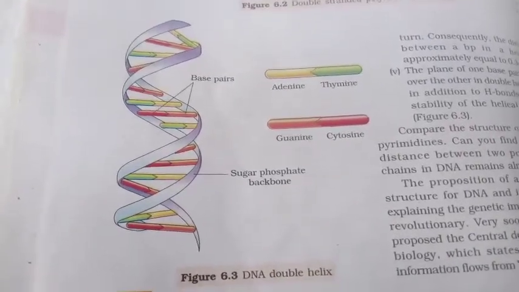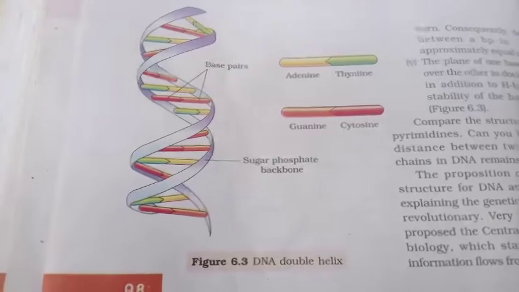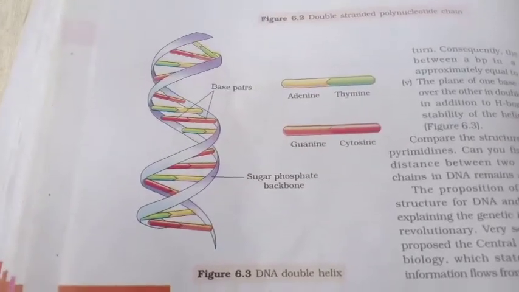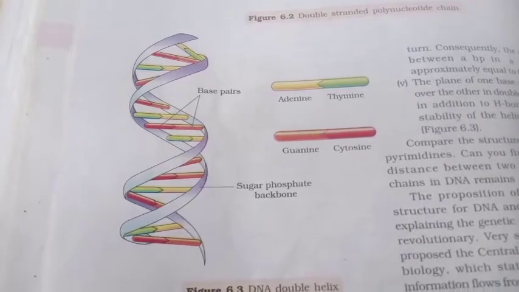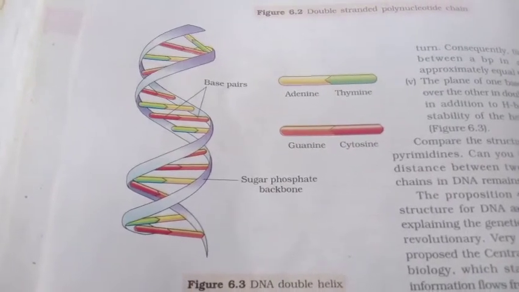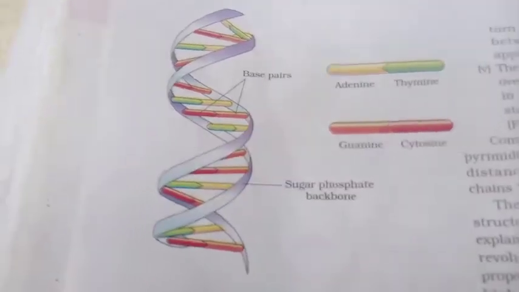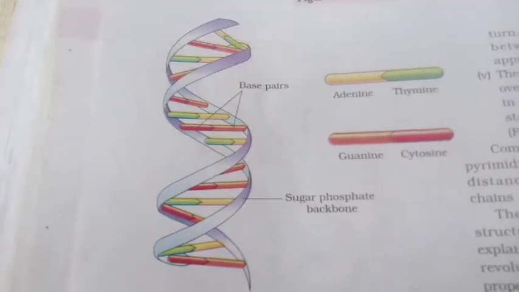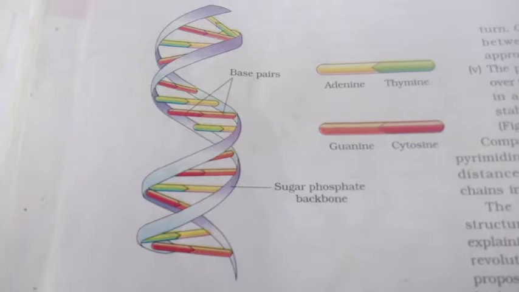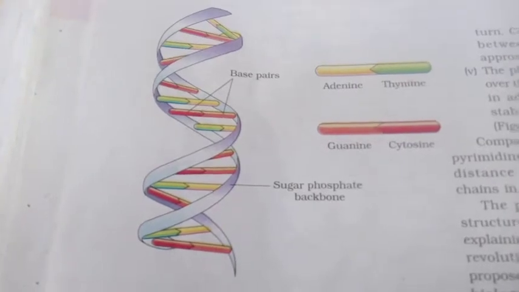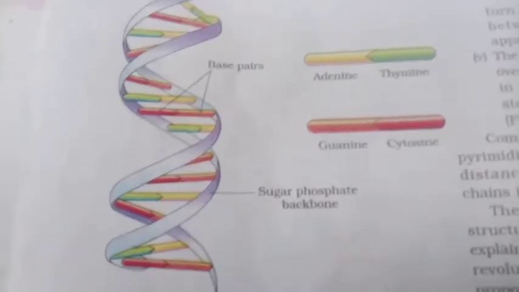After so many researches, it was ultimately decided that the DNA molecule has a three-dimensional double helical structure with two strands internally connected through the base pairs.